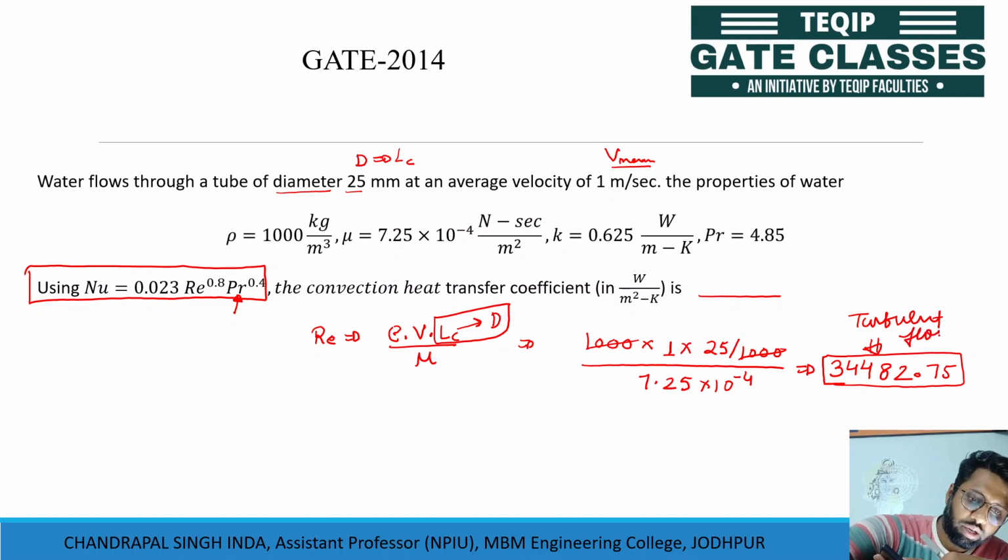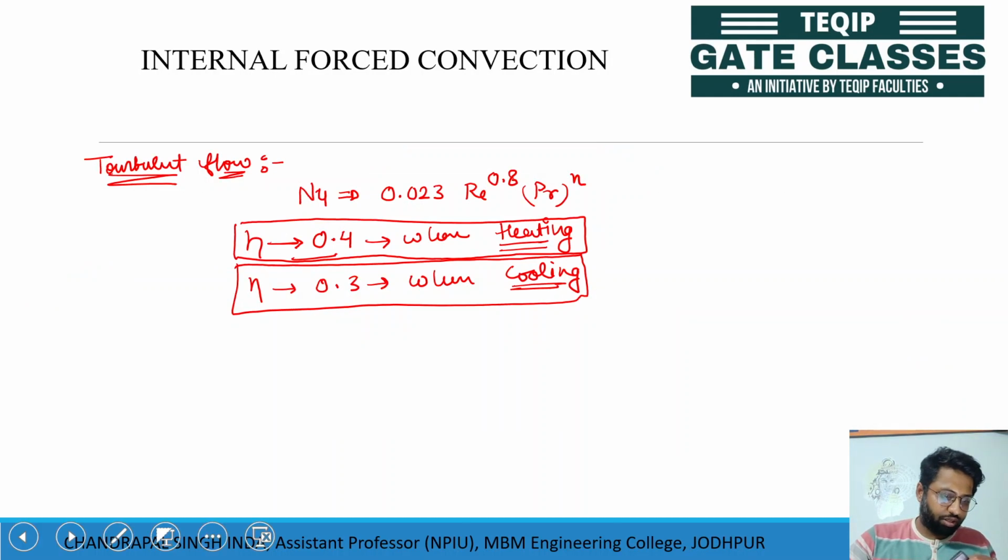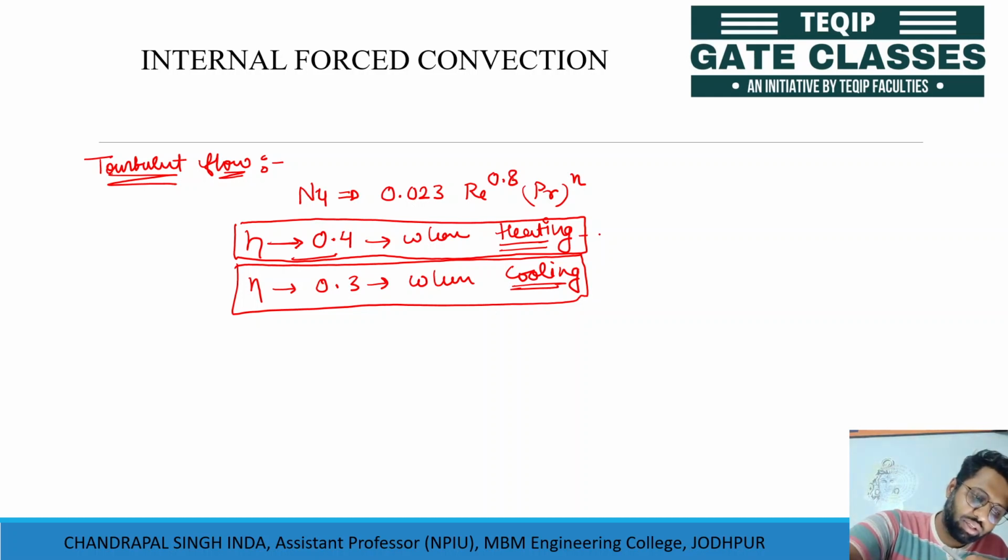For turbulent flow the relationship is 0.023 Reynolds power 0.8 and Prandtl's power n, and n is equal to 0.4 when heating, meaning the fluid is getting heated, and here the fluid is being cooled.